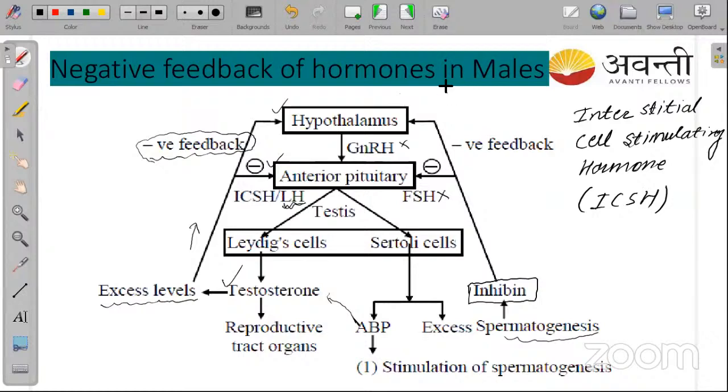You already know the process of how sperm cells develop, the hormonal system. In short, here the excess level of testosterone sends a message to the anterior pituitary and hypothalamus and stops the reaction. This is the one system. Okay, this is the negative feedback.